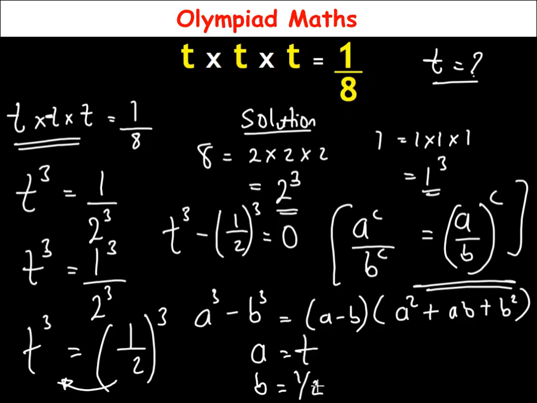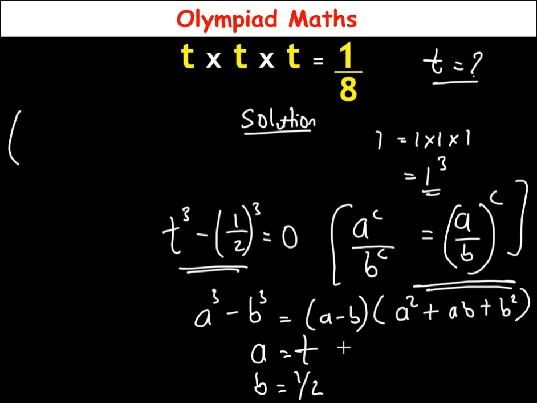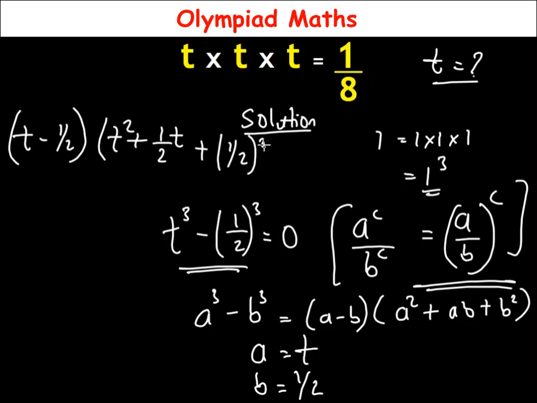So expanding this equation in this format, we're going to have in brackets a is t, so t minus b is half, multiplied by a is t, so t squared, then plus a is t times b is half, so t times half is 1 over 2t, so plus b is half, so in bracket 1 over 2 all squared. All of this is equal to 0.